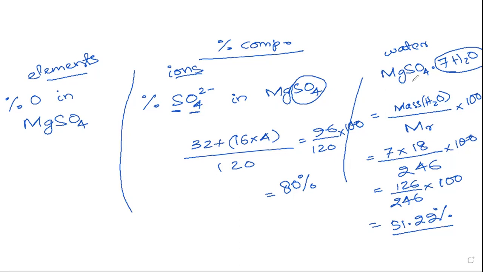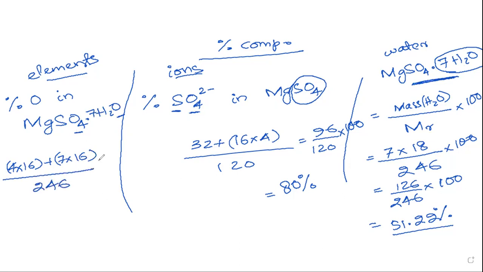Now, if this formula is used over here, this changes the whole thing. Now, you are supposed to go with it like this: 4 into 16 for this part, plus 7 into 16 for this part. Make sense? Over 246, which was the whole thing, and multiply that by 100. Now, this one is 64, and this one is 126, right?